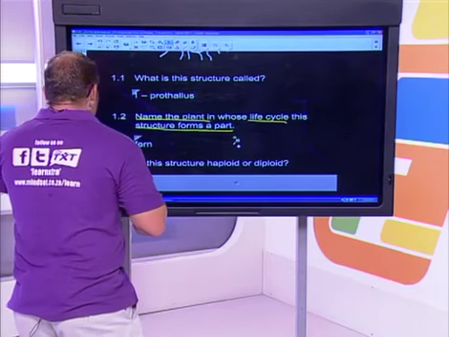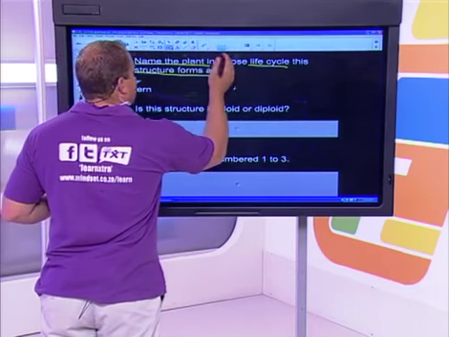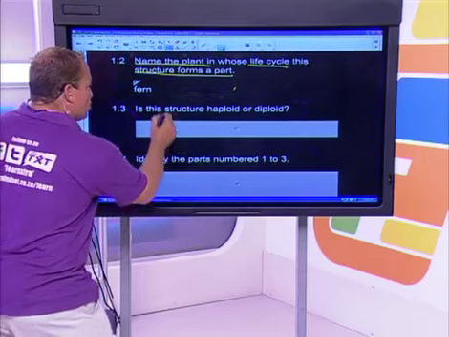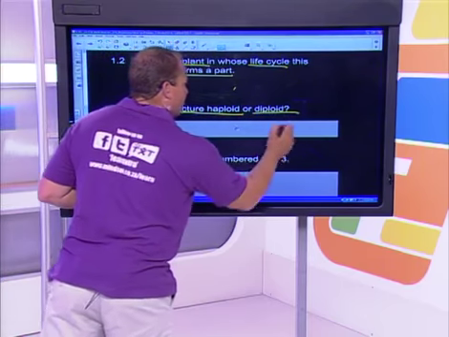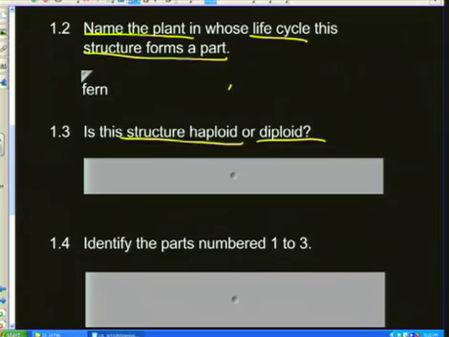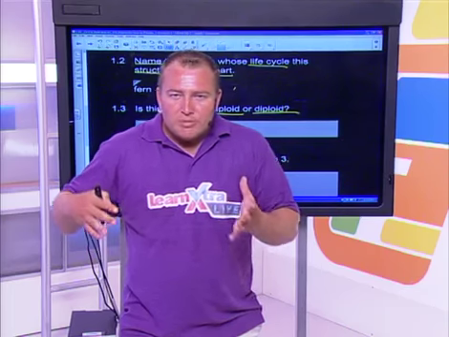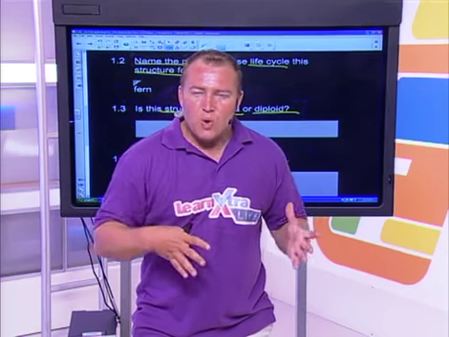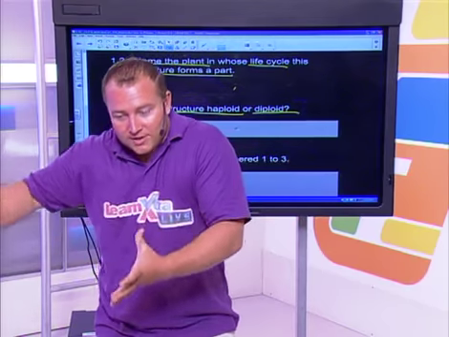If I have a look at the next one, it says, is the structure haploid or diploid? Big words, haploid and diploid. Dip means two, am I right? So make sure you remember, diploid means two, haploid means one. So haploid is half the amount of diploid.